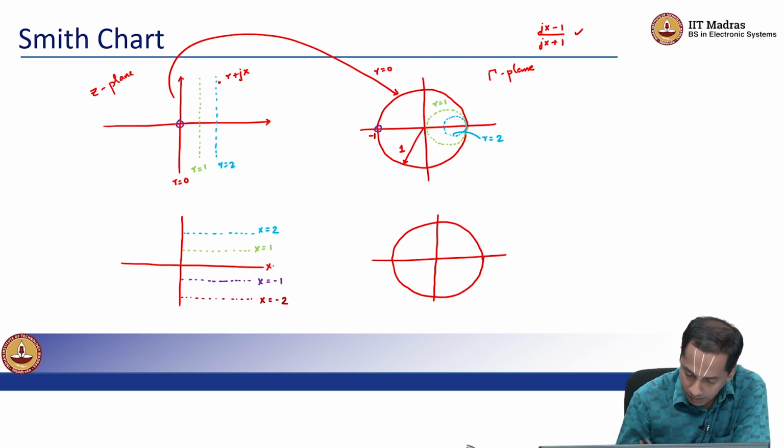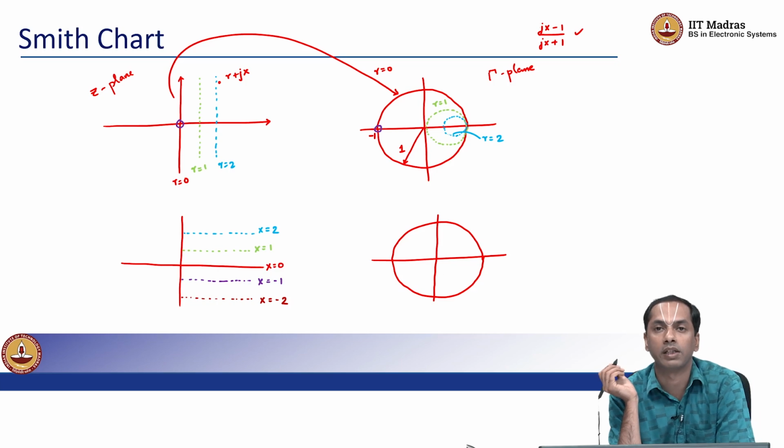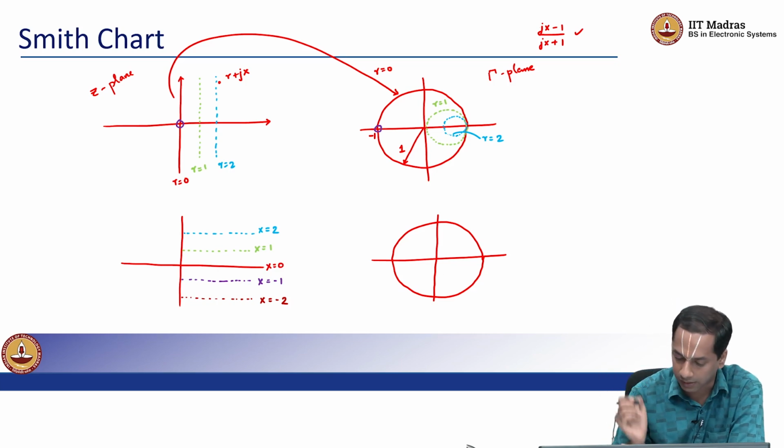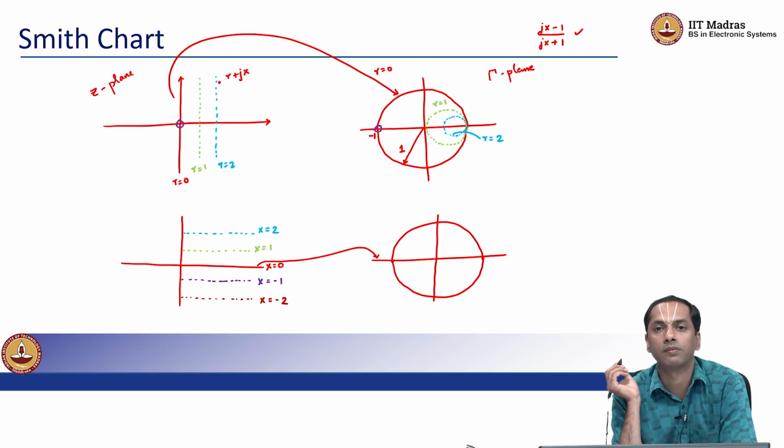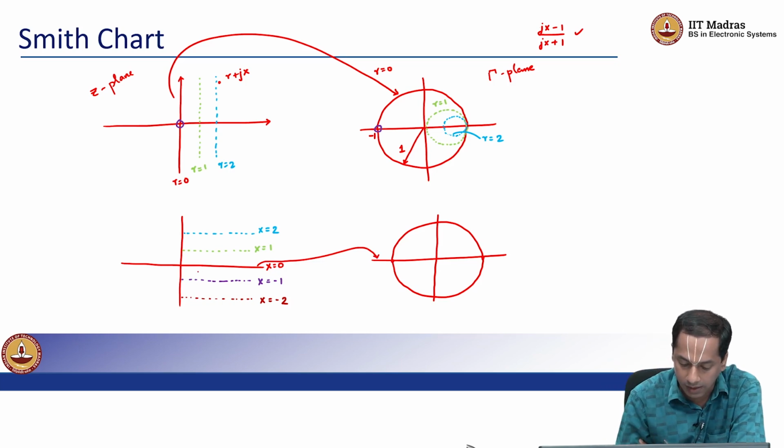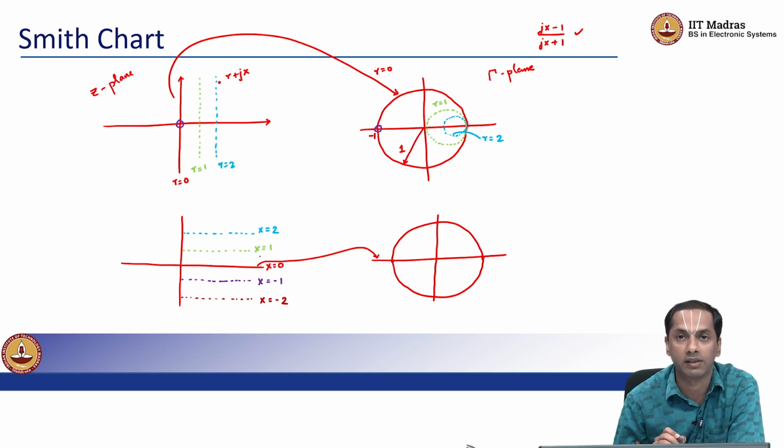Of course, there is x equals 0, and for all resistances, that essentially maps to this line, from here to here. So the entire positive real axis is mapped between -1 and 1, right?